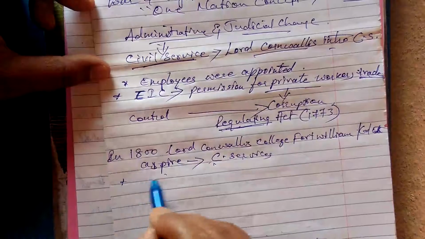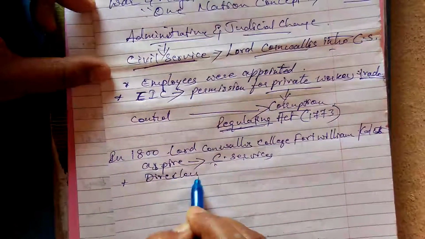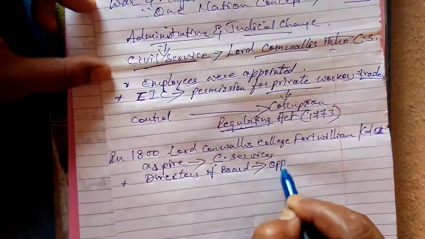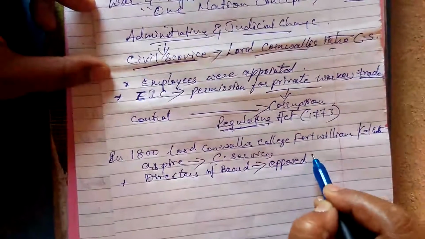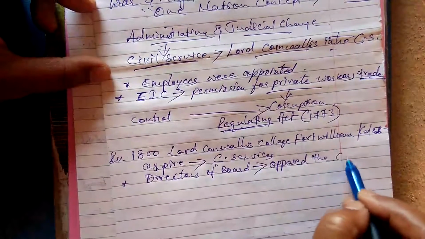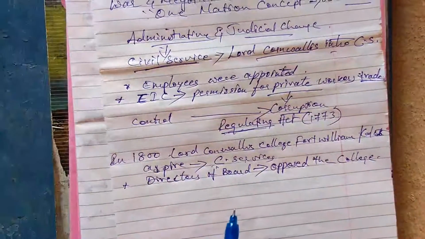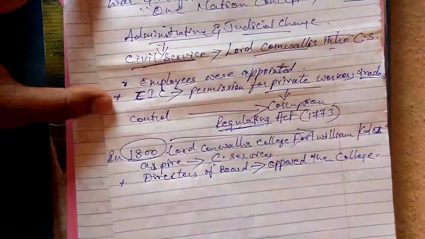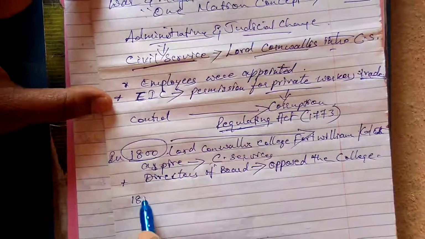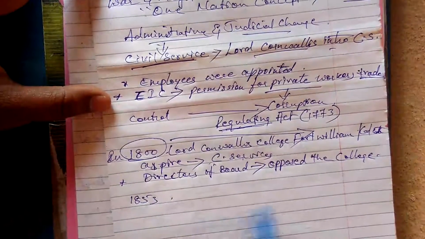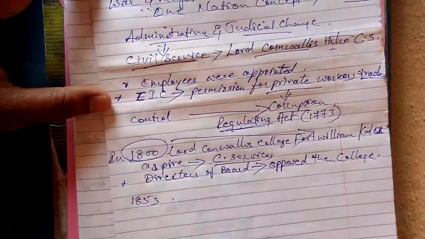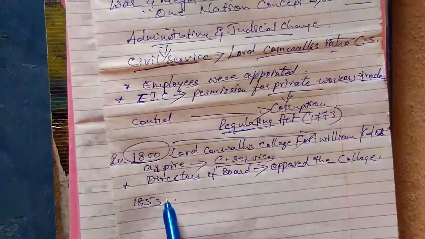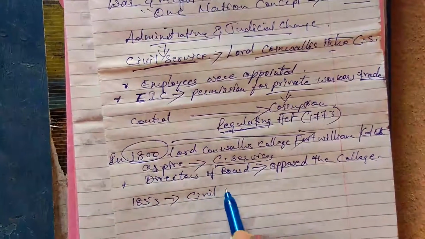Why did it fail? The board of directors of the British opposed the college. So we can say Indians were not given a chance. Though Fort William College was started in 1800, up to 1853 civil service was not encouraged, and from 1853 onwards civil service exams were started.